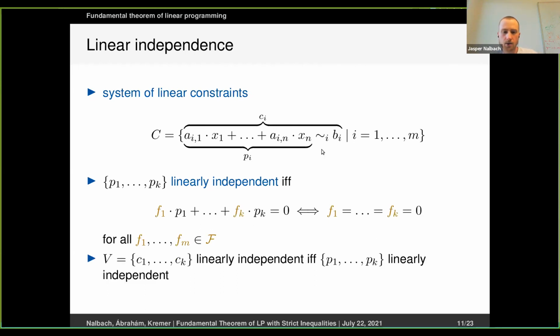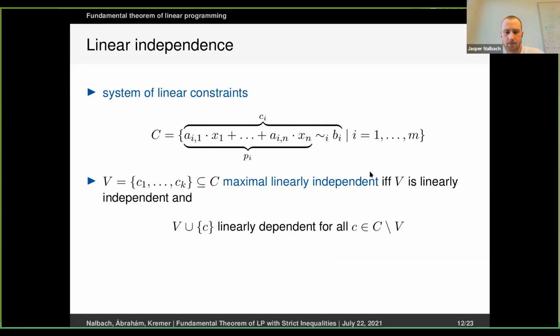And we extend this notion to constraints by simply saying that a set of constraints V is linearly independent if and only if their left-hand sides are linearly independent. And we call such a set V maximally linearly independent if V is linearly independent and we cannot extend V by a constraint C from C without making it linearly dependent. And we denote all those maximal linearly independent subsets of a system of constraints C by MLI(C).